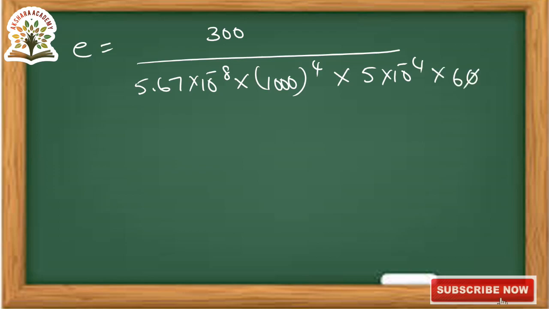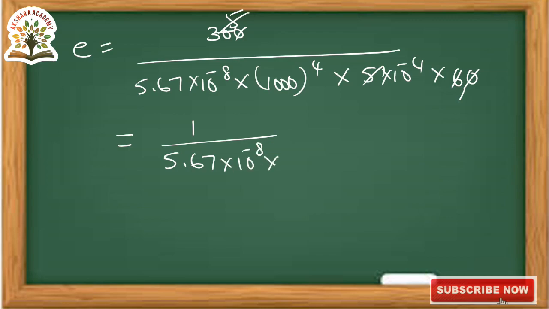Here the 0 cancels, 6 and 5 with 5 cancels, that is equal to 1 by 5.67 into 10 to the power of minus 8 into 10 cube to the power of 4, which is 10 to the power of 12, into 10 to the power of minus 4.